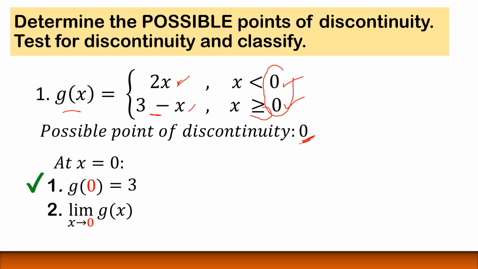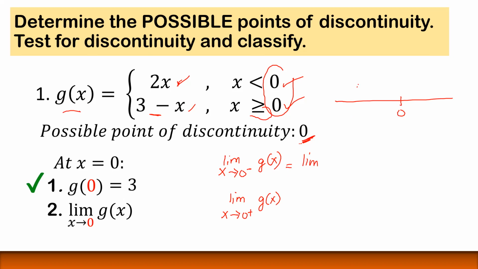Since it's a transition point, we need to get the limit from the left and from the right. That is, the limit as x approaches 0 from the left of g of x, and the limit as x approaches 0 from the right of g of x. From the left, the definition is 2x coming from here. Then on the right, we have 3 minus x.